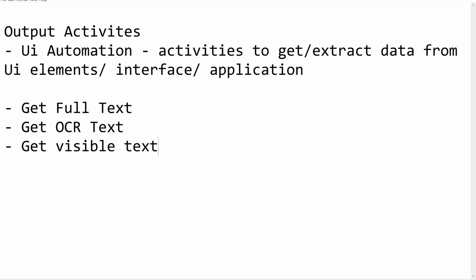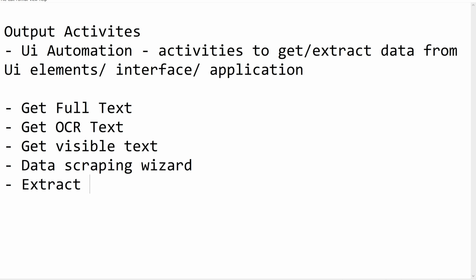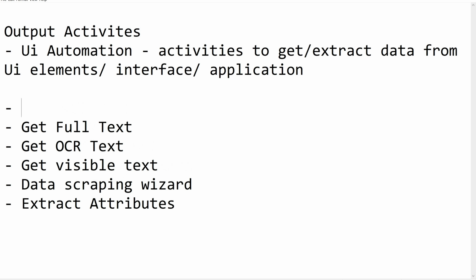Next, data scraping wizard, and then extract attributes. There are many output activities available in UiPath Studio. Now let's see what each of these means.